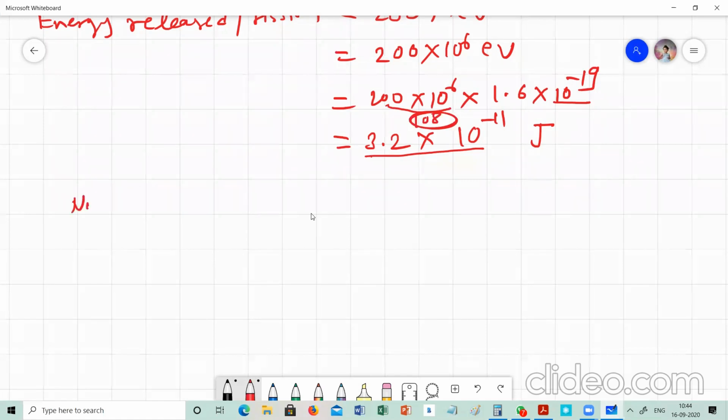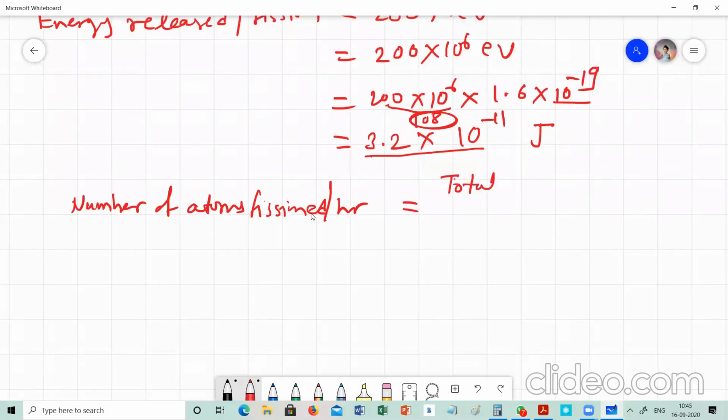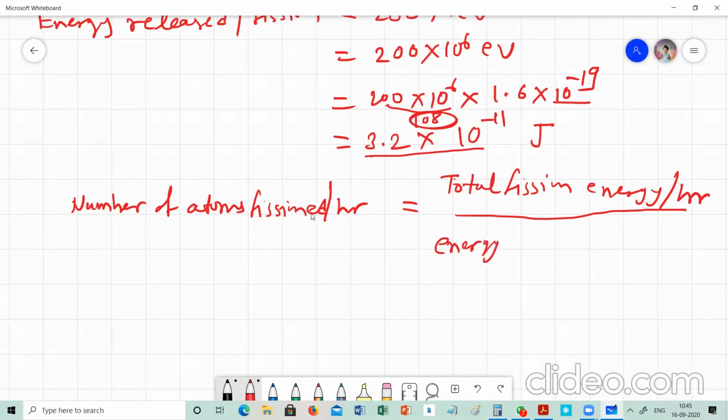So number of atoms fissioned per hour is equal to the total fission energy per hour, in an hour, divided by the energy released by one uranium-235 atom.